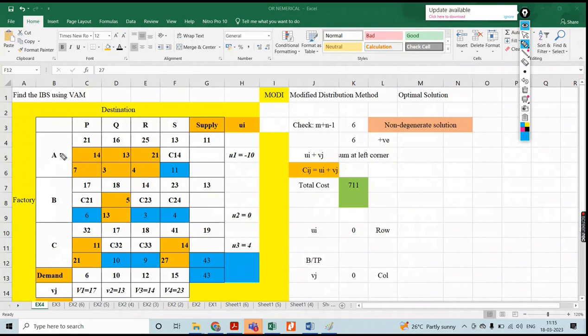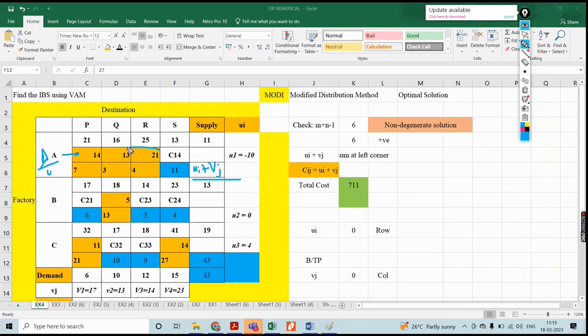Here I will write the Ui plus Vj values. The delta values are known, and the Ui and Vj values are known.